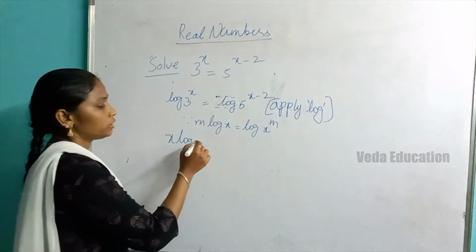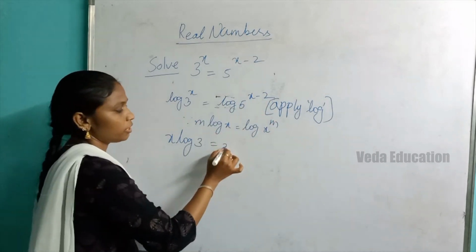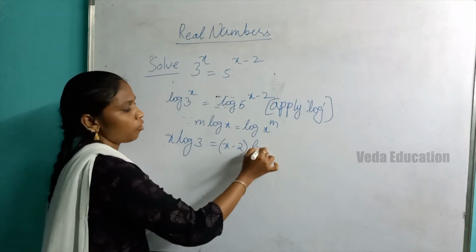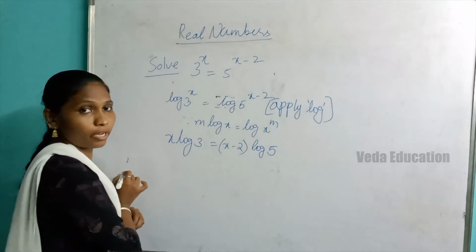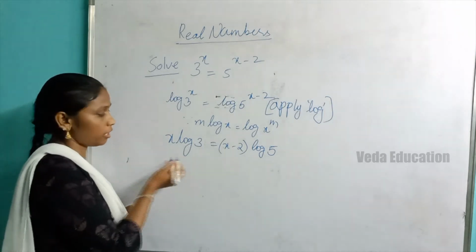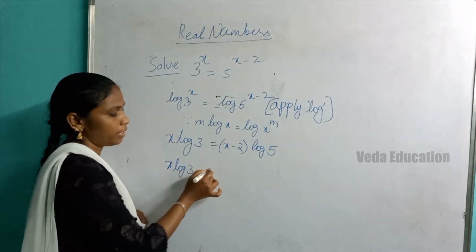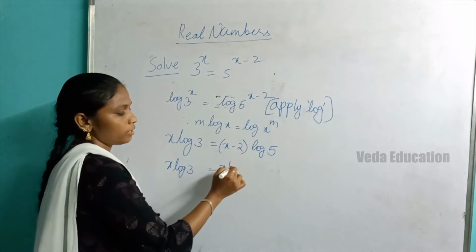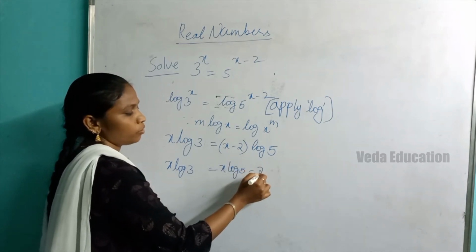x log 3 equal to, here we have the connected expression x minus 2, so take it and keep the bracket, now log 5. Here we don't have any other variable, so for x log 3 there is no need to expand it, and here multiply x with log 5: x log 5 you will get, minus 2 log 5.